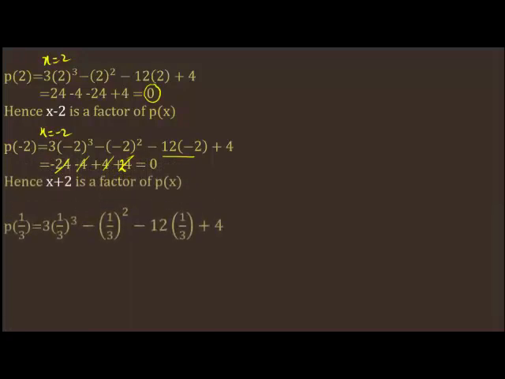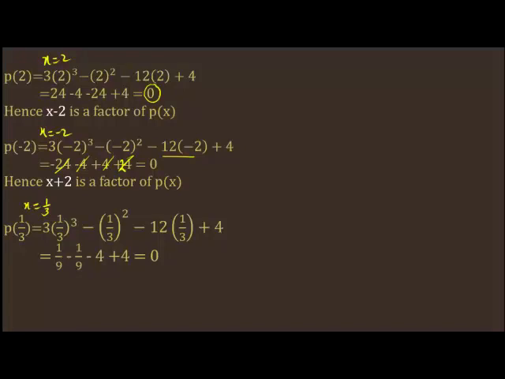Now we will put x is equal to 1 over 3. We know that already by rough work we have already done. 1 upon 3 gives us 0, P of x is equal to 0. So 1 upon 3 is the root of this polynomial.